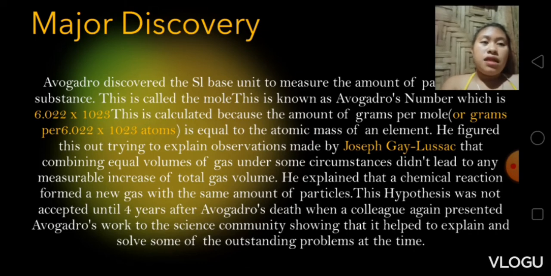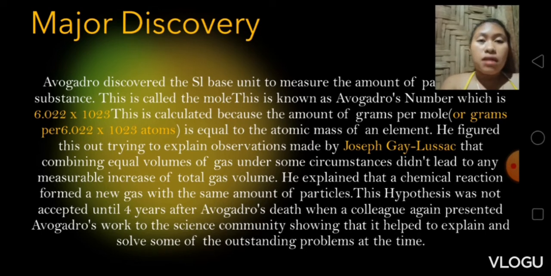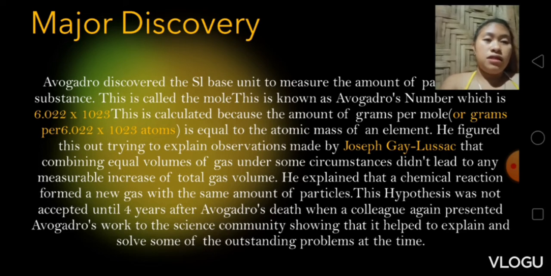He figured this out trying to explain an observation made by Joseph Gay-Lussac, that combining equal volumes of gas under some circumstances did not lead to any measurable increase of total gas volume. So he explained that a chemical reaction formed a new gas with the same amount of particles.